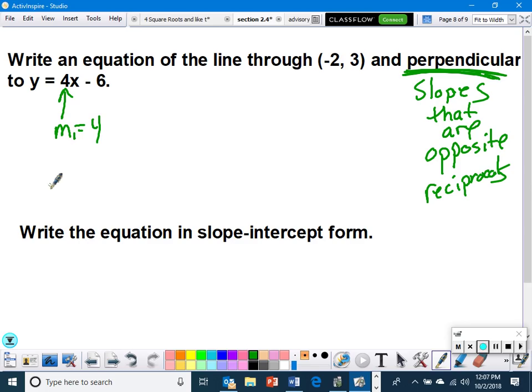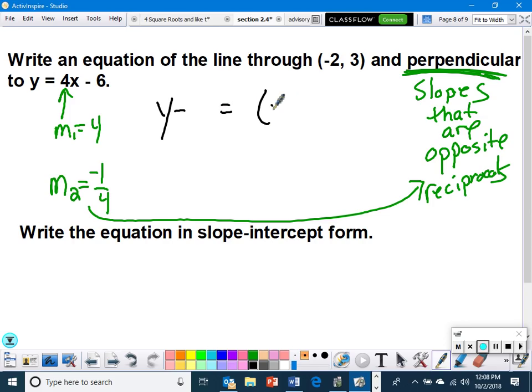To be perpendicular, the slope of the other line is going to have to be a negative 1/4. Again, opposite reciprocals. All right, so now I can plug my numbers into my point slope formula. My y value is 3. My x value is -2. And my slope for this one is -1/4. Because it's perpendicular. All right, just like we did before, we're going to distribute.